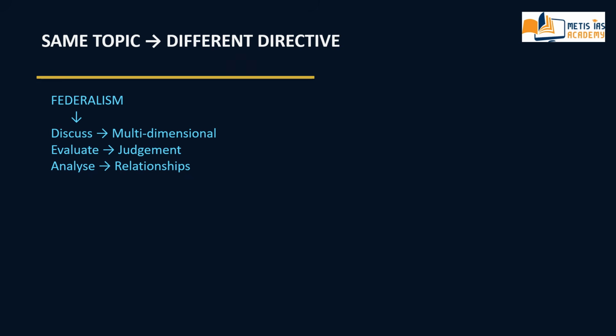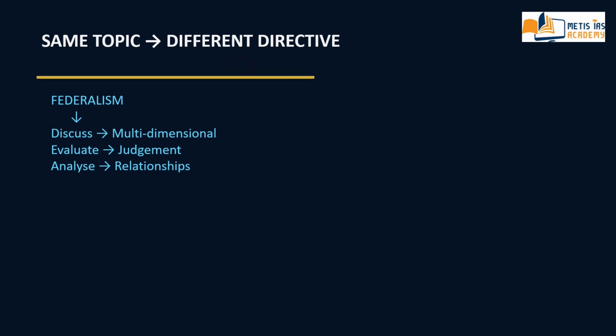explains federalism and then adds dimensions. Next he discusses issues and balance. When asked to discuss federalism, he explains federalism first, then dimensions, and after that issues, balance and conclusion.